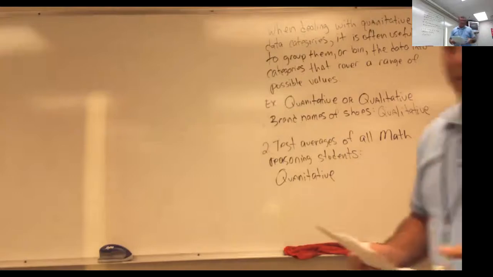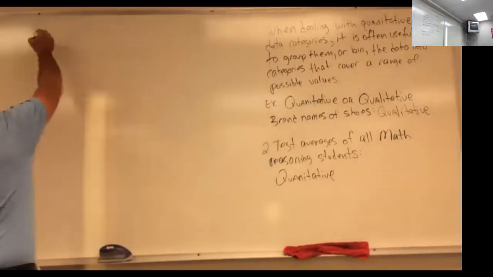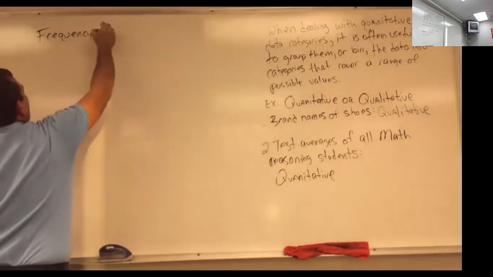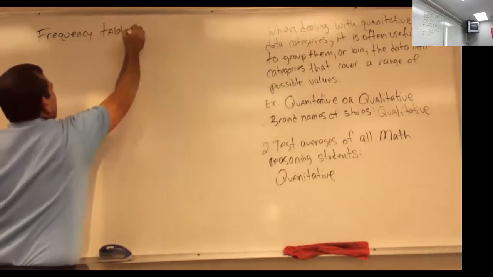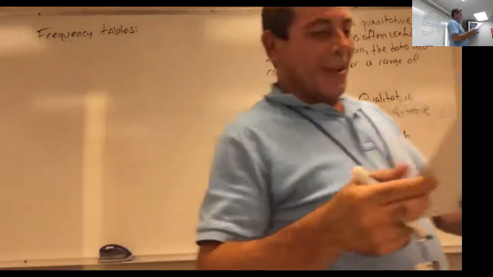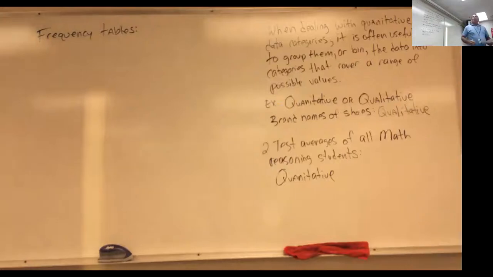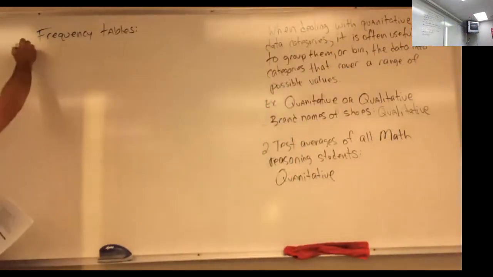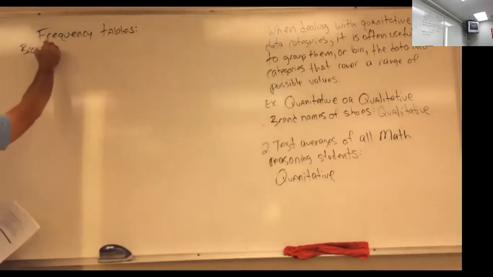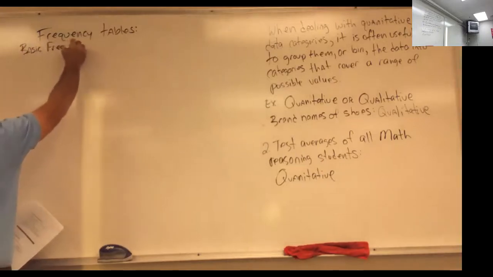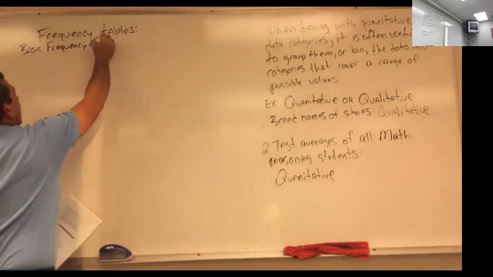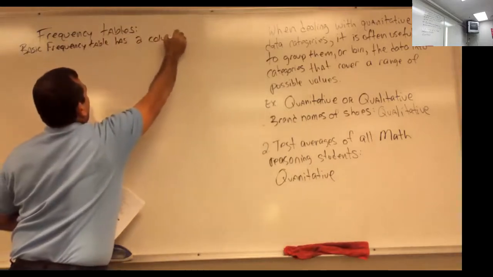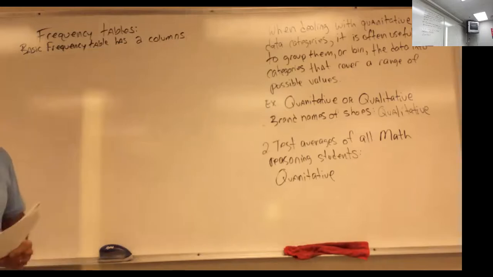So how about these frequency tables? This will give y'all a little math to do, I guess. Your basic frequency table has 2 columns.